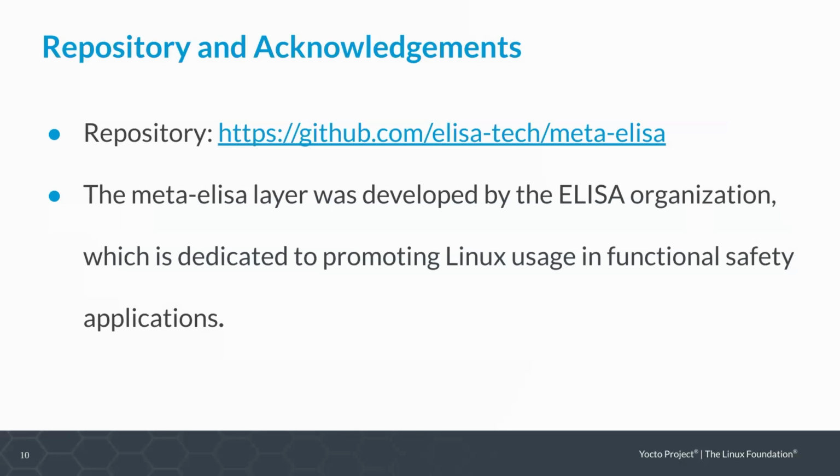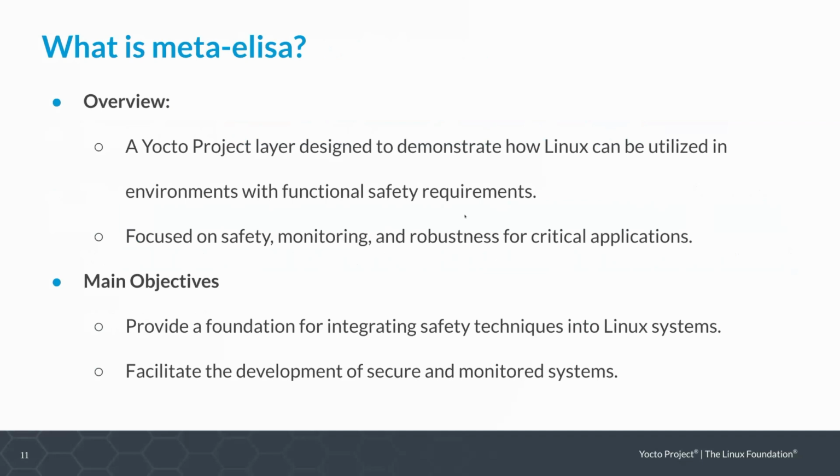So first of all, some acknowledgment here is the location to find Meta-ELISA. We can find it on this GitHub, and these layers were created by the ELISA organization, which has a dedicated working group to create this kind of layer. So what is Meta-ELISA?